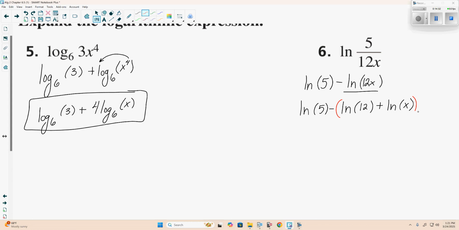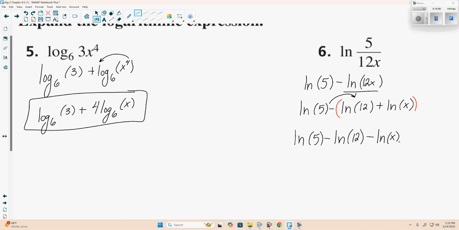I would take this, because the only thing we can do more than this is to apply this negative to both terms, telling us that we have ln of 5 minus ln of 12 minus ln of x. Since the 12 and the x are both in the bottom of the fraction, they're going to have that negative out front to signify that they are in the bottom of the fraction. Does that make sense?